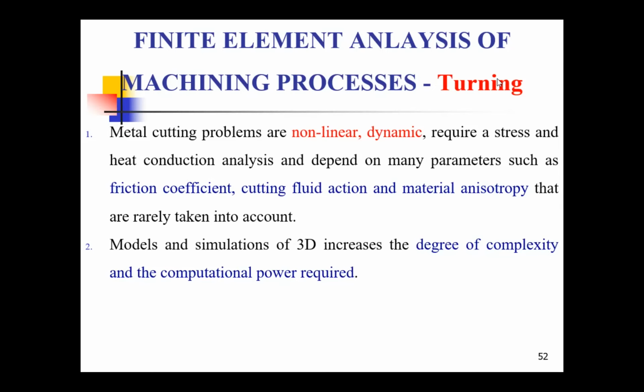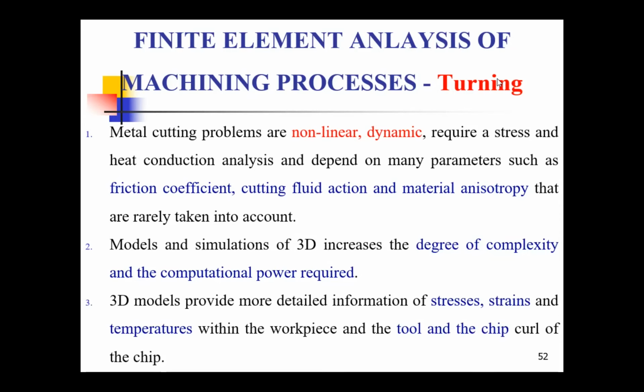When comparing 2D with 3D, the complexity increases with 3D, but accurate results can be predicted. Even though we call it accurate, it is only an approximated result, so we have to be very, very careful. But at the same time, higher computational time is used.